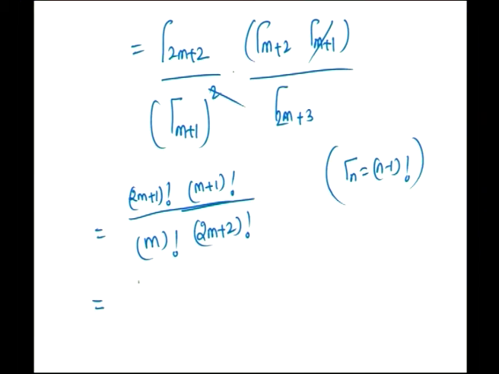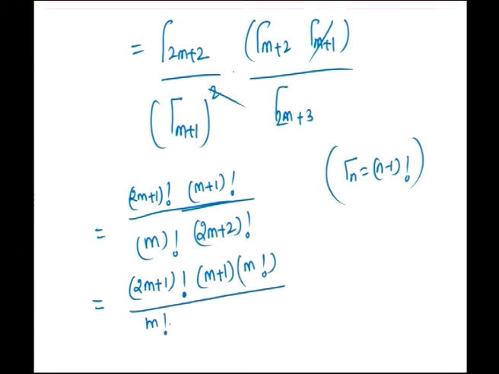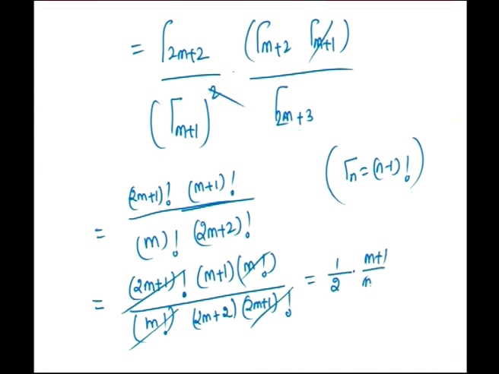And for cancellation, we shall write the things appropriately. 2m plus 1 factorial is as it is, m plus 1 factorial is written as m plus 1 into m factorial, divided by m factorial as it is, and 2m plus 2 factorial is written as 2m plus 2 into 2m plus 1 factorial. Okay. So, 2m plus 1 factorial gets cancelled, m plus 1 factorial gets cancelled, and if you take 1 by 2 outside, m plus 1 by m plus 1 gets cancelled, and you have only 1 by 2.